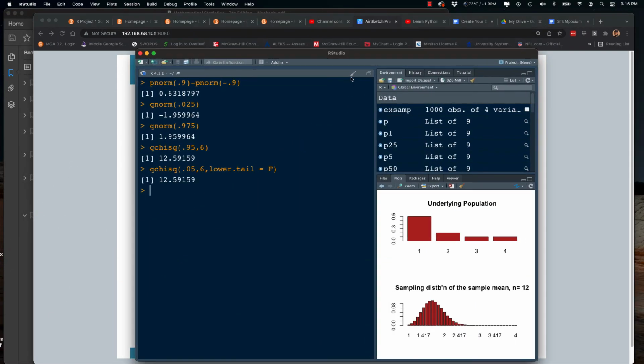Oh, actually I already did it, but you can see it right there. pnorm of 0.9 minus pnorm of negative 0.9 gives me 0.6318797, which is good enough to round to 4 decimal places, which I recommend for all probabilities. So 0.6319, we get there as well, and I'm pretty sure that's what your TI calculator would spit out for you as well.